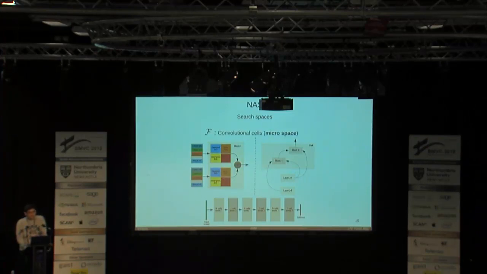What we are actually designing is the structure of those blocks. So each block can have two inputs, and those inputs might belong to a previous layer or to a previous block in the same cell. That's part of what we are trying to optimize. The other thing that we are trying to optimize is the actual operation that you apply on those two inputs. So there is a small example in here. A cell is composed of two blocks, and the blocks are interconnected with each other and with the previous layers.